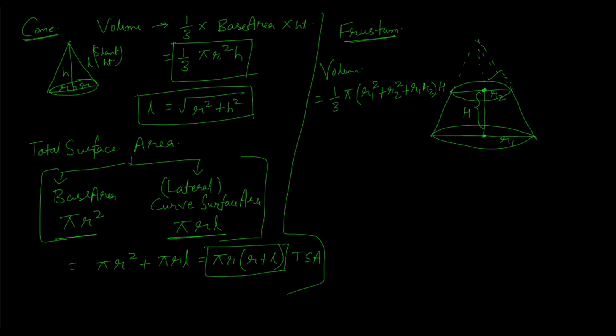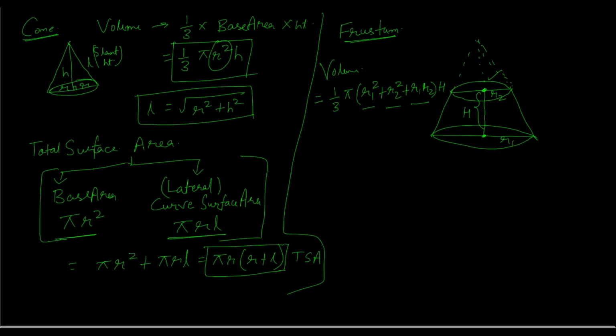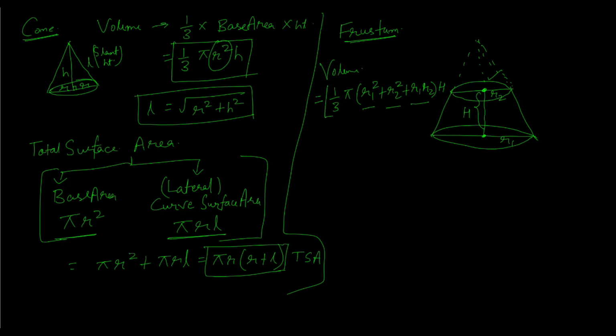It's not very difficult to remember. See, here R square is a degree 2 term. Here R1 square, R2 square is degree 2. R1 R2 is also degree 2, the combination of both R1, R2. Okay. So this is the volume of frustum.